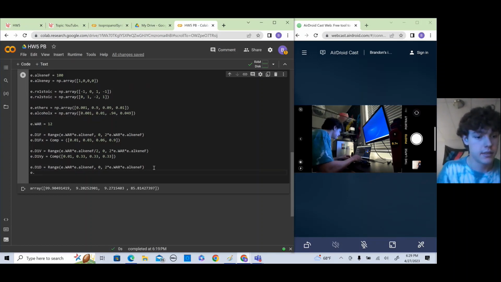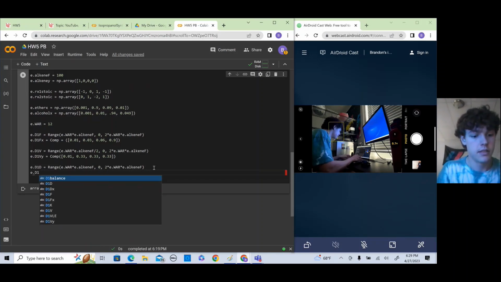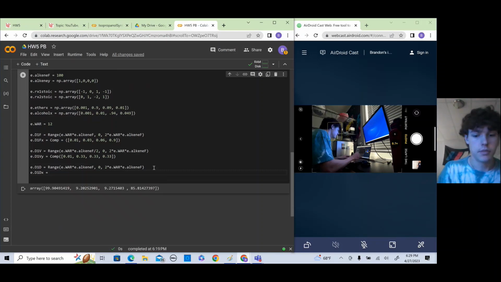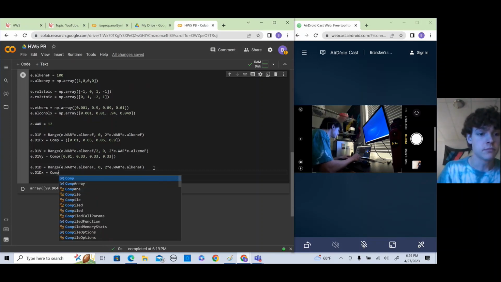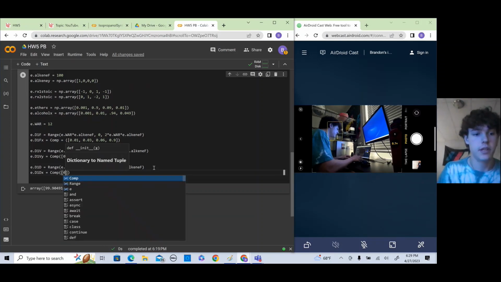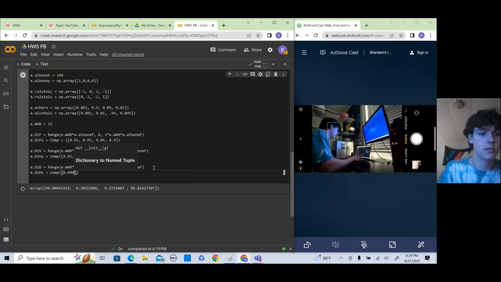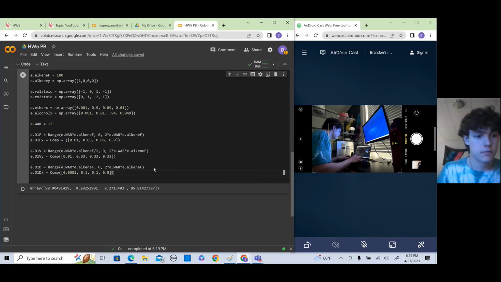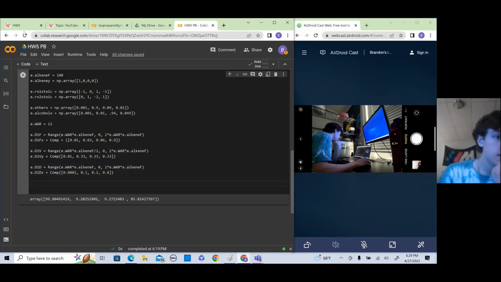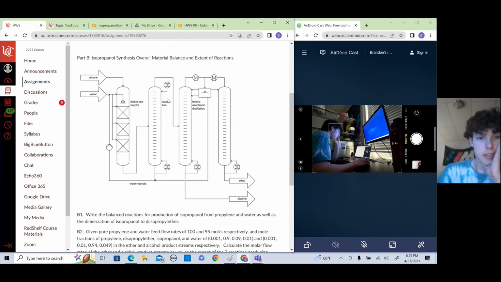Then our E dot D1 DX, which will be another comp. And we can say this one is a very small amount of the alkene, maybe a little bit of these. The next thing we need, so we'll check, got all those.